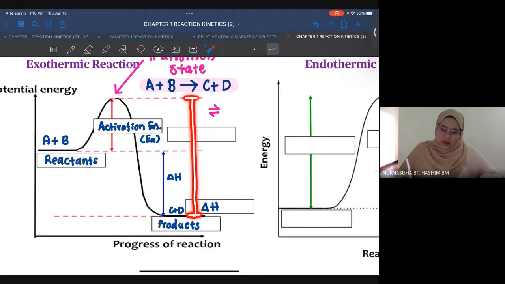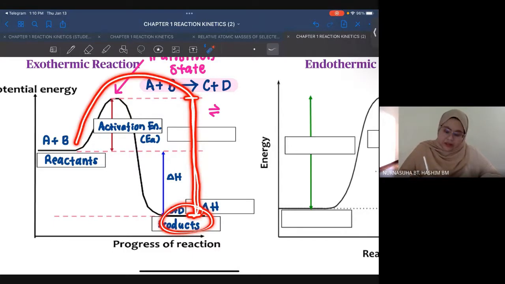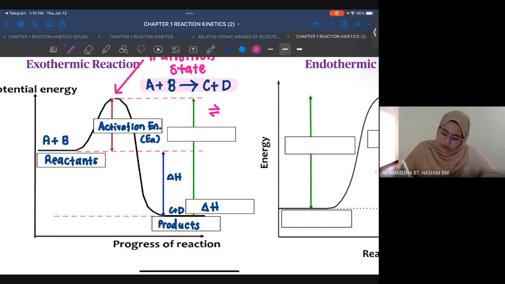So product must have this much energy, then only can it become reactant. So this is what we call reverse EA, reverse activation energy.